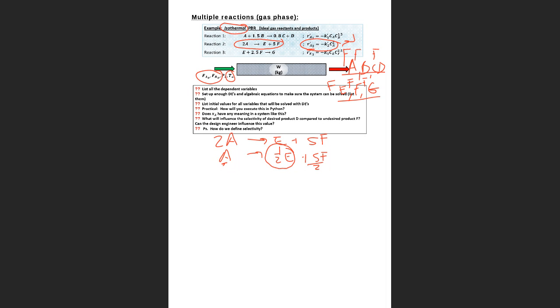My mass, of course, is my independent variable. So FA, FB, FC, FE, FF and FG are all dependent variables. As my independent variable changes, all of them are going to change. In addition, it's a packed bed reactor, so my pressure is going to change along the length.